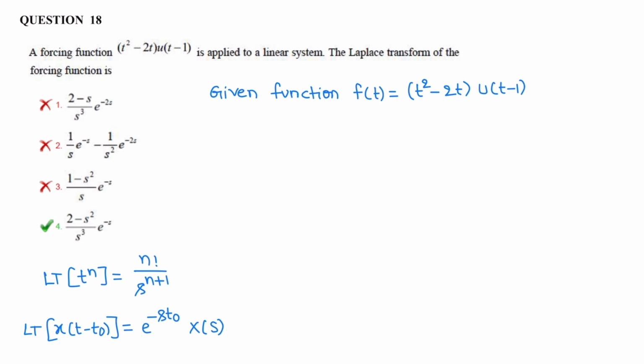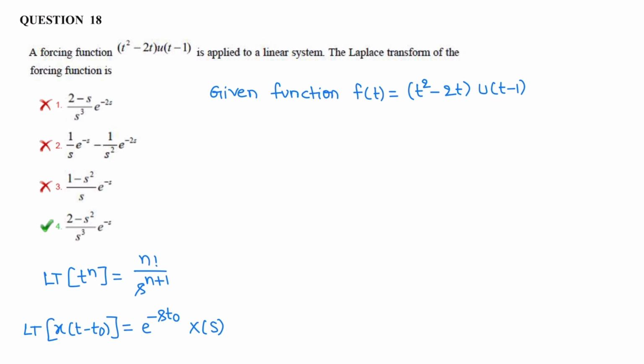Question number 18. A forcing function (t square minus 2t) into u of (t minus 1) is applied to a linear system. The Laplace transform of the forcing function is. So given function f of t is (t square minus 2t) u of (t minus 1).